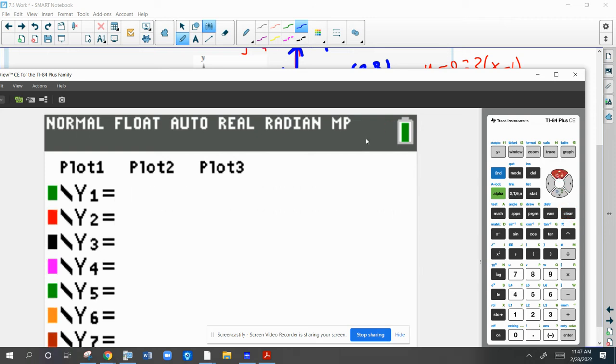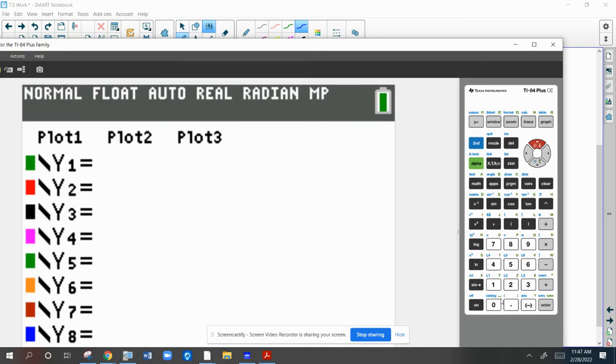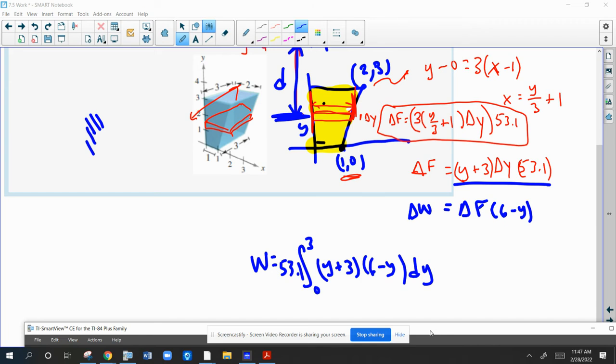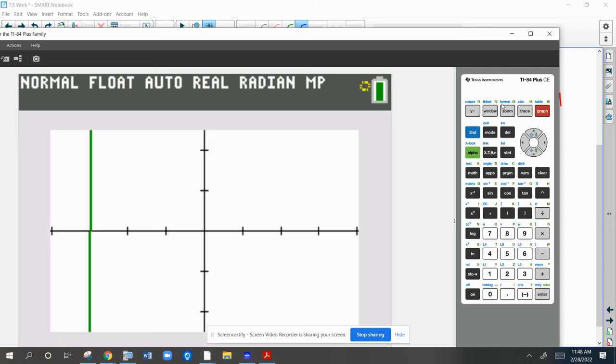So we have 53.1 times y plus 3 times 6 minus y. So I have it typed in the calculator. I'm going to hit graph. And I'm going to do this from 0 to 3.